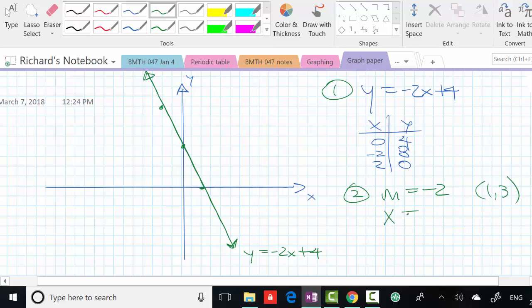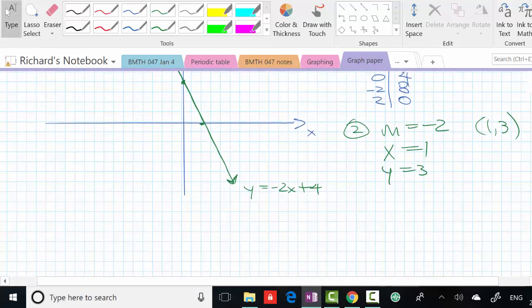So that means my x value is 1, my y value is 3. So now I'm going to use the standard form of the equation for a straight line, y equals mx plus b. Well, my y value is 3 when the slope is -2 and the x value is 1.